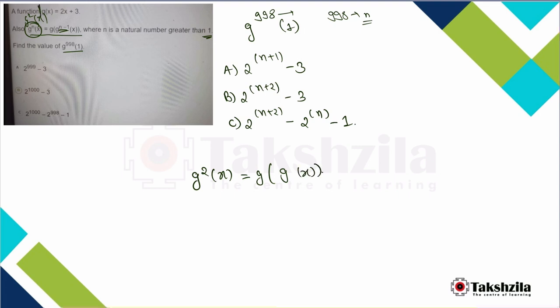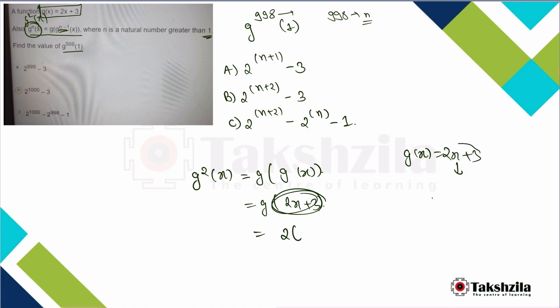Now we know that g(x) is 2x plus 3, so g(2x plus 3). Since g(x) equals 2x plus 3, in place of x we put this complete value, so that will be 2 times (2x plus 3) plus 3. So this is the value of g_2(x).